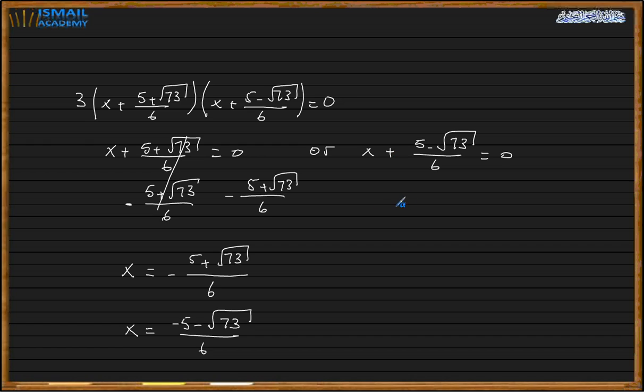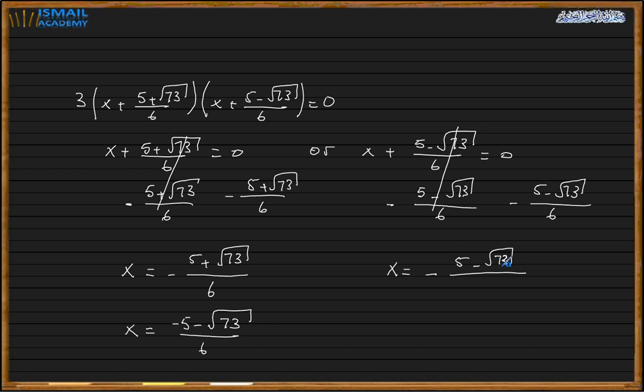And same thing here, I will minus (5 - √73) over 6 both sides. So this will cancel out. So we end up having x equals minus (5 - √73) over 6.